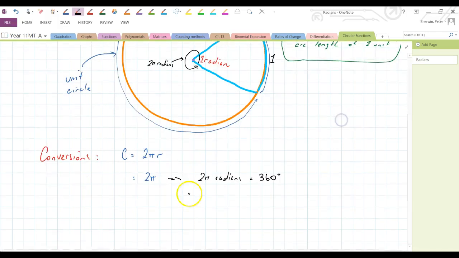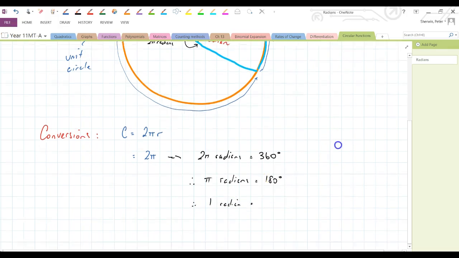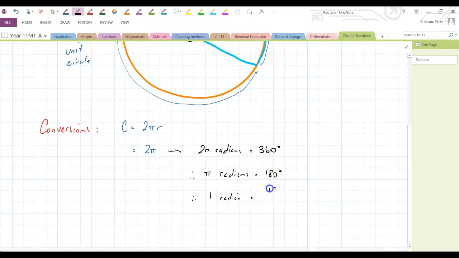So that's what we can say therefore, that pi radians is equal to 180 degrees, and for the purposes of conversion, 1 radian will equal, what are we going to have to do? Divide 180 by pi. 180 over pi degrees.